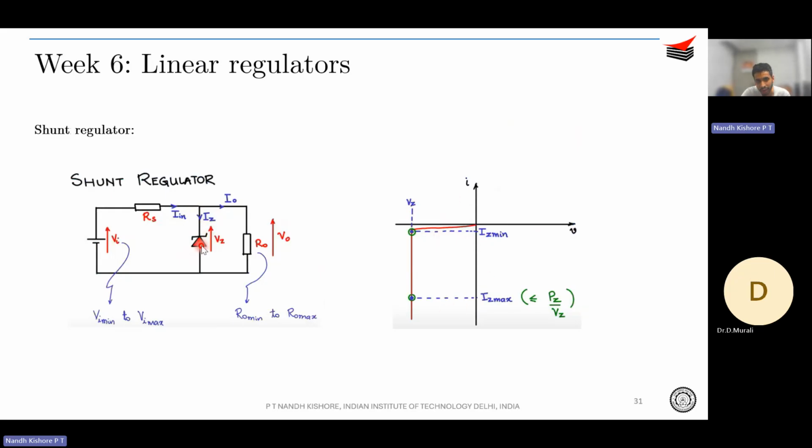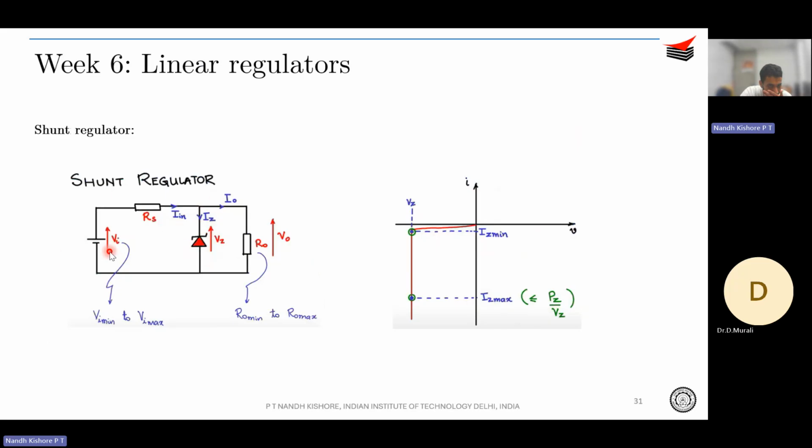Irrespective of whatever is your IZ, you will get a fixed VZ. That is the characteristic feature of a Zener diode in its breakdown region. Of course, you can't have a huge current flowing over here. There would be some rating specified in the data sheet of the diode, but you can have variation in current between IZ min to IZ max, and your load voltage or VZ is maintained constant.